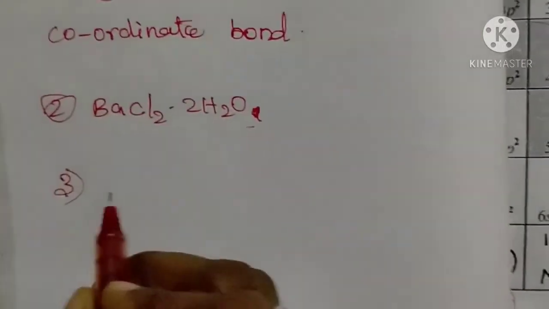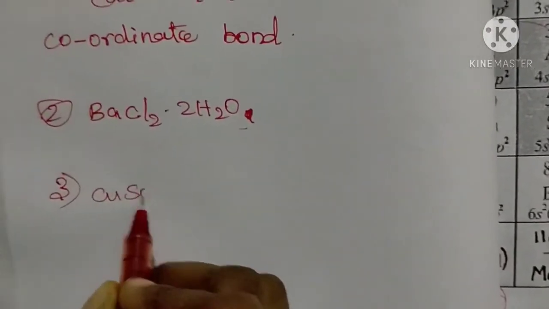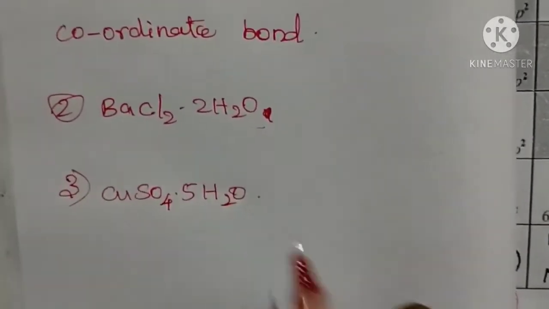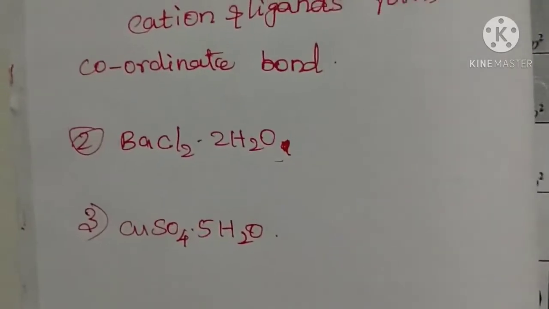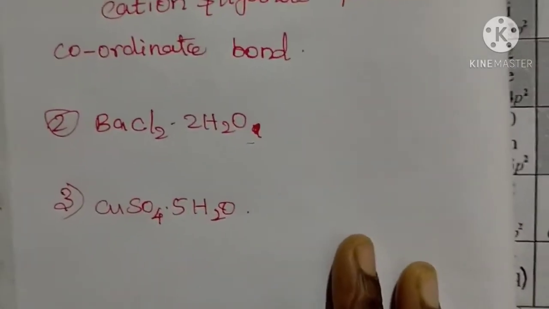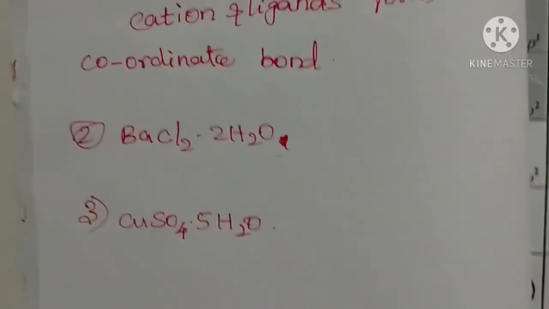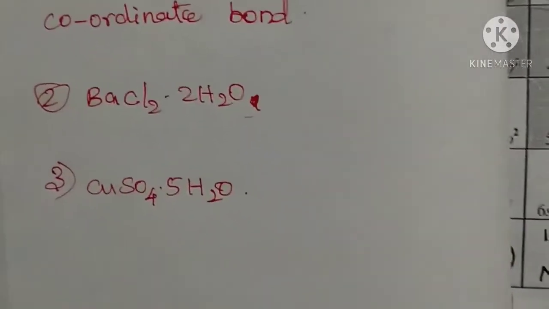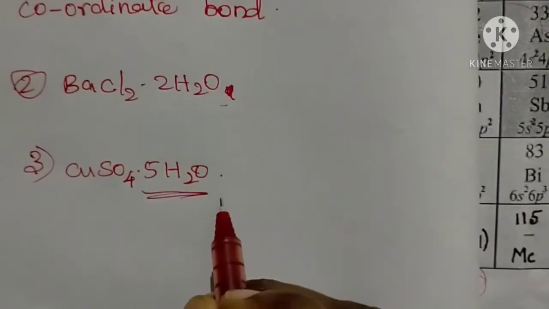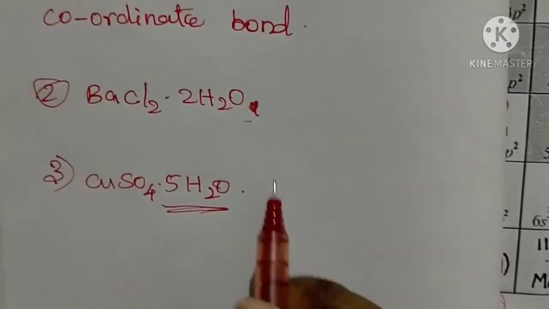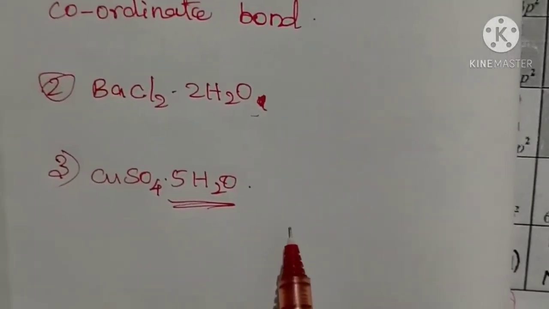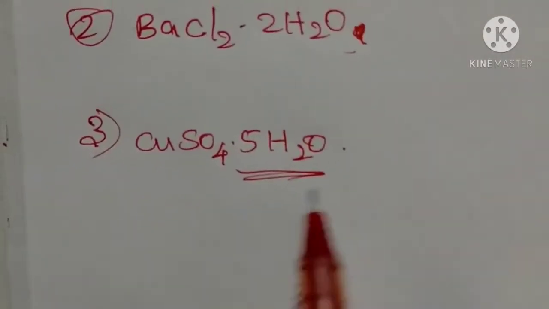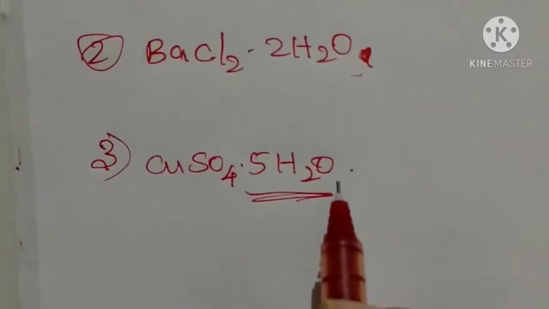Next example, CuSO4·5H2O. This is one of the compounds which explains the coordination bond. In this compound, from these 5 water molecules, 4 water molecules are directly bonded, coordinated with the metal cation.